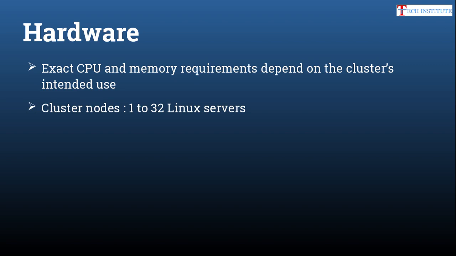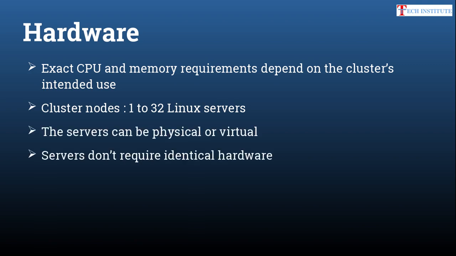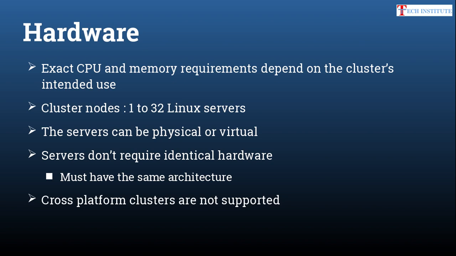The number of cluster nodes can be from 1 to 32, and these nodes can be either physical or virtual. They don't need identical hardware, but they should not be on different architectures. And keep in mind that cross-platform clusters are not supported.